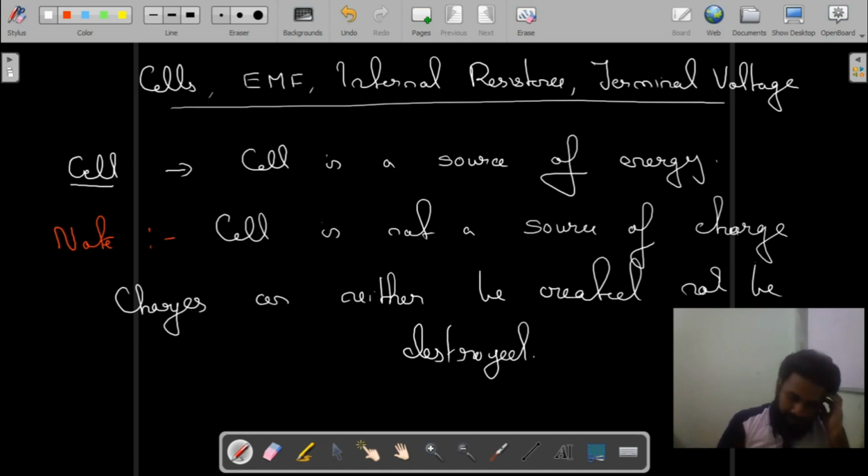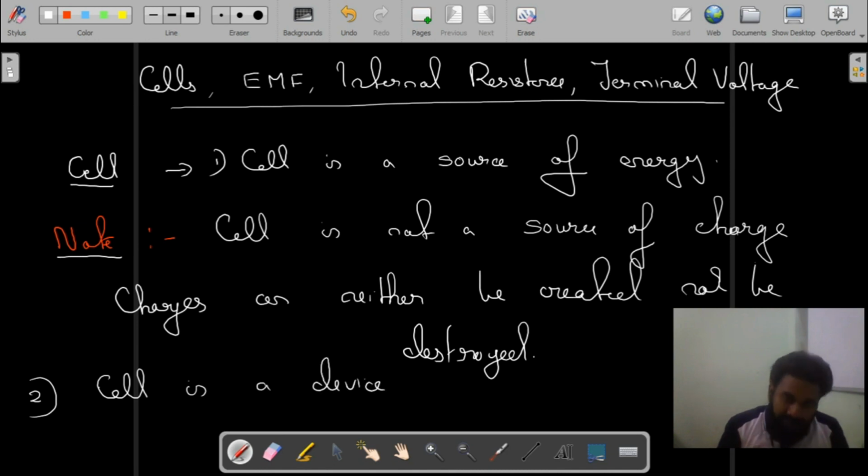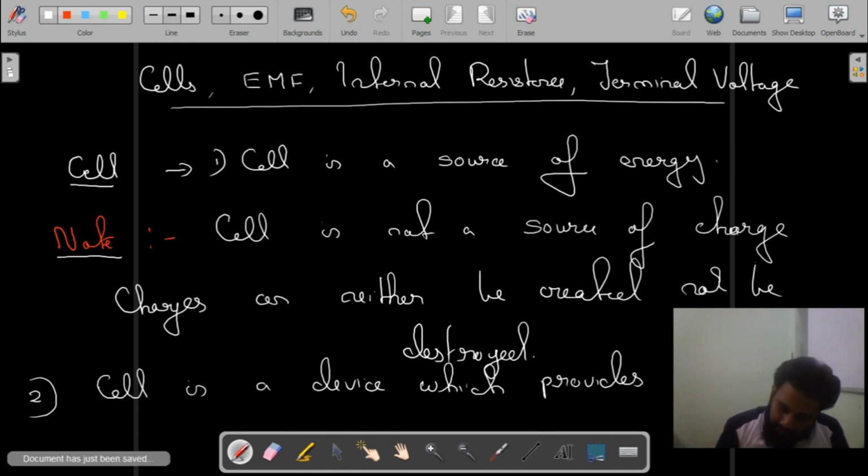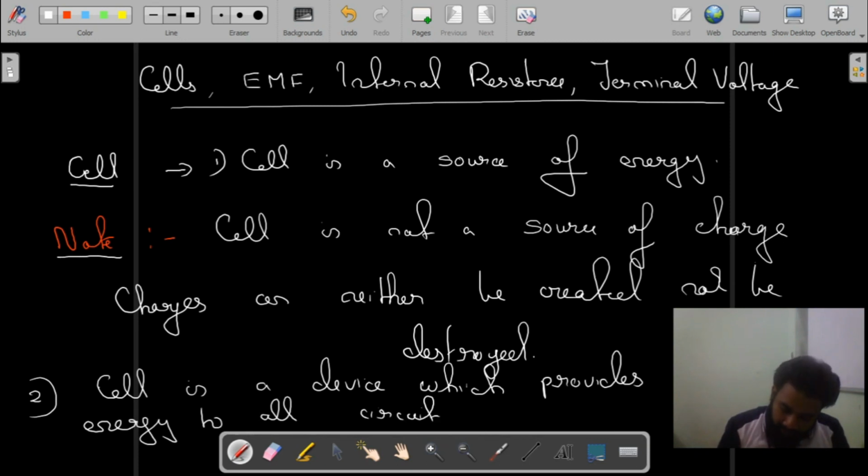This is point number 1, and in between this note, you need to remember point number 2, which is another definition regarding a cell. A cell is a device which provides electrical energy to all circuit elements.